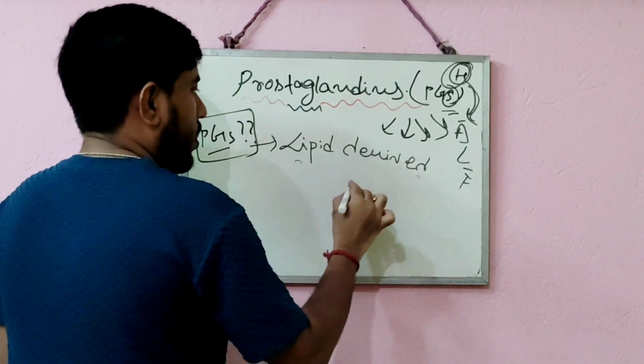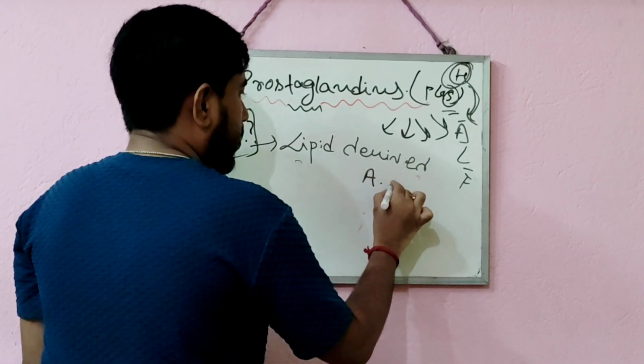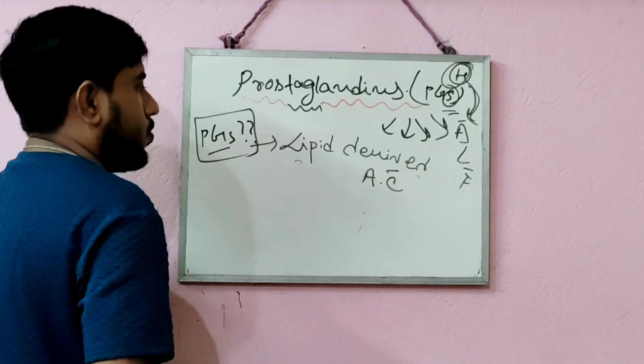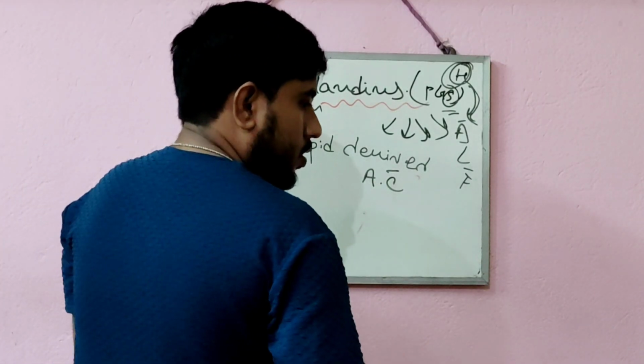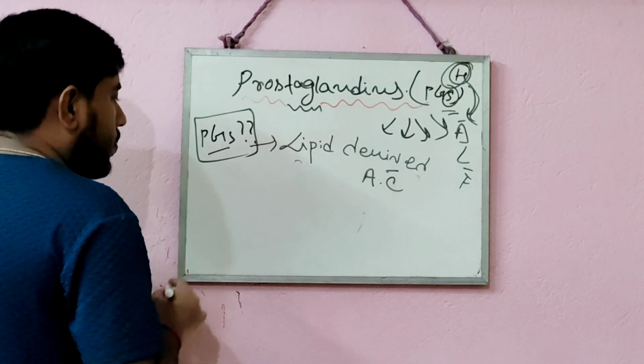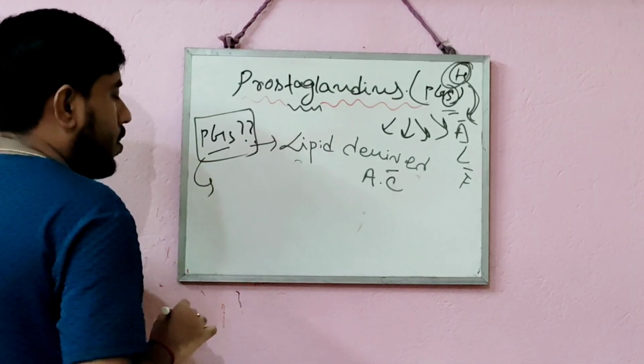So prostaglandin is an example of a lipid derived autocoid. Now, what is the definition of prostaglandin?